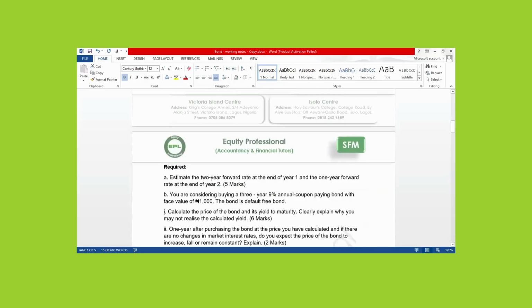Requirement A. Estimate the 2-year forward rate at the end of year 1 and the 1-year forward rate at the end of year 2.